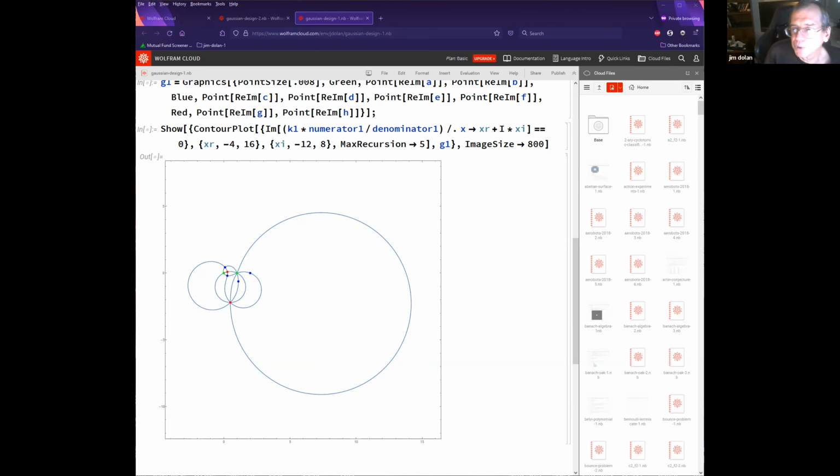So this Young diagram is actually the other Young diagram on its side: D and E are up here, and maybe C and F are down here, or something like that.